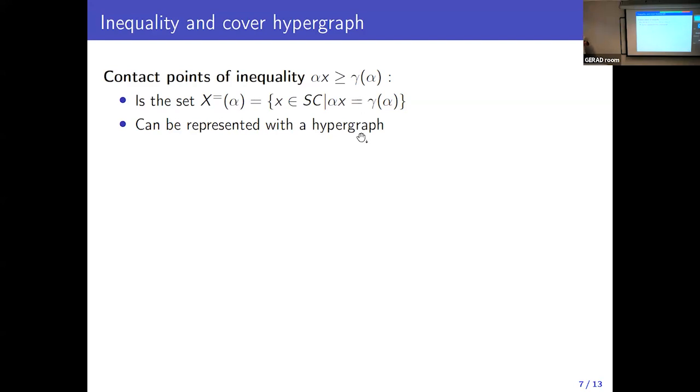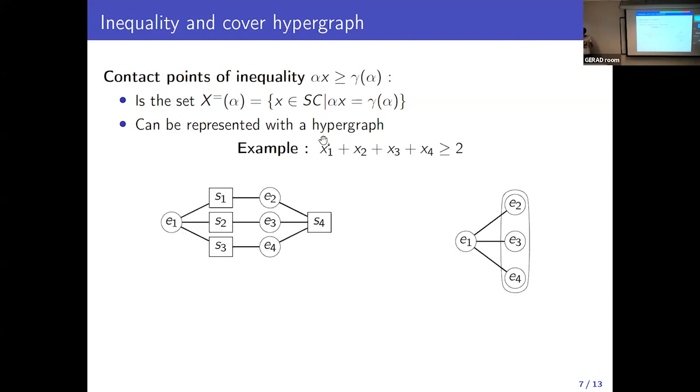And we can represent this set of contact points with another hypergraph. Actually, it's just a sub-hypergraph of the one we had before, because all of the contact points are going to be minimal covers.